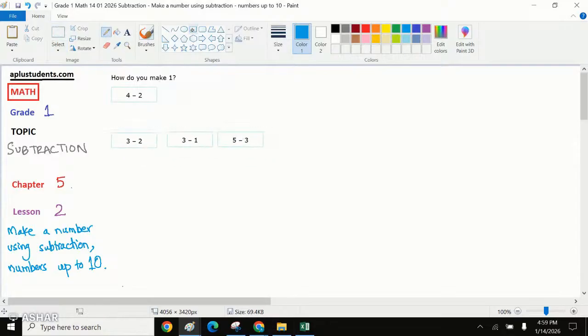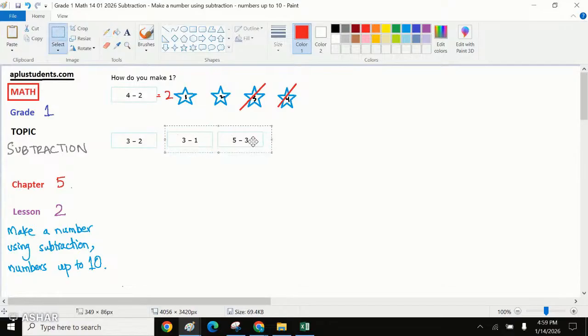If we have 4 stars, 1 2 3 4, how many do we need to subtract? How many do we need to remove? We need to remove 2 out of these, right? So what should be left over here? It should be 2 left, right?